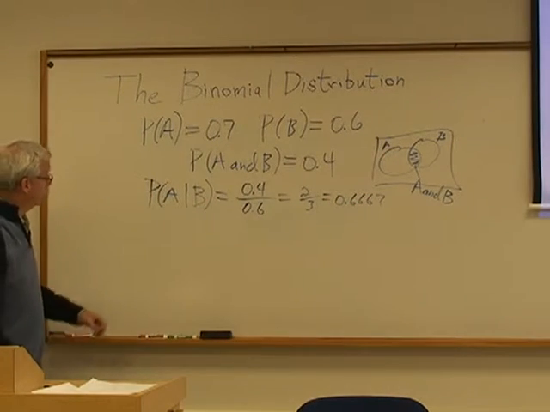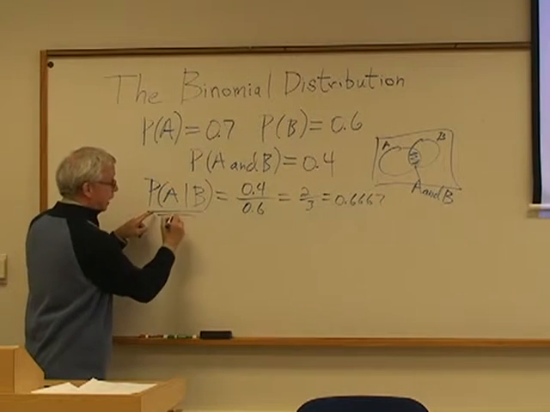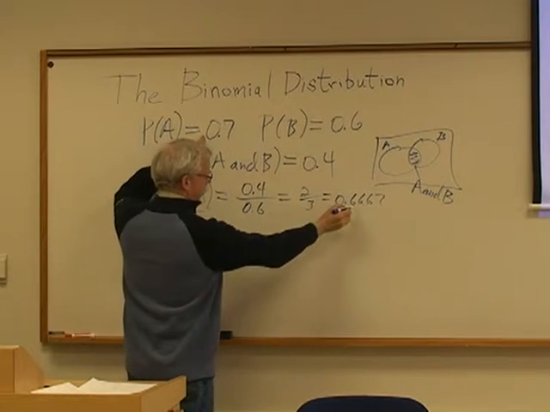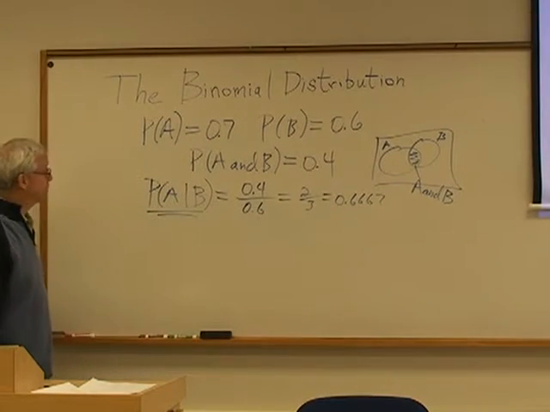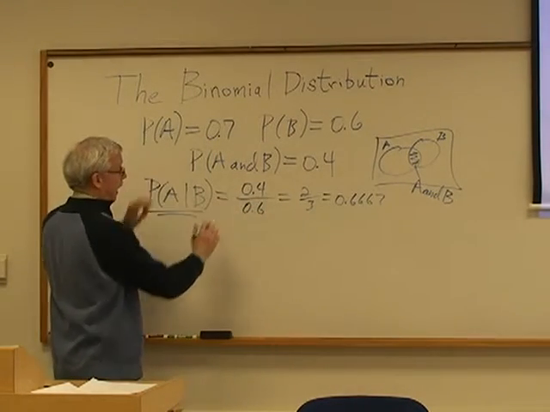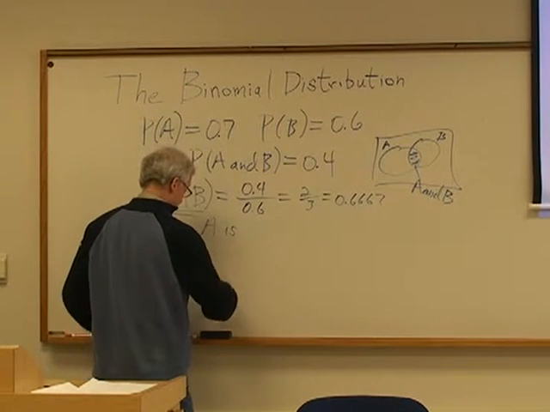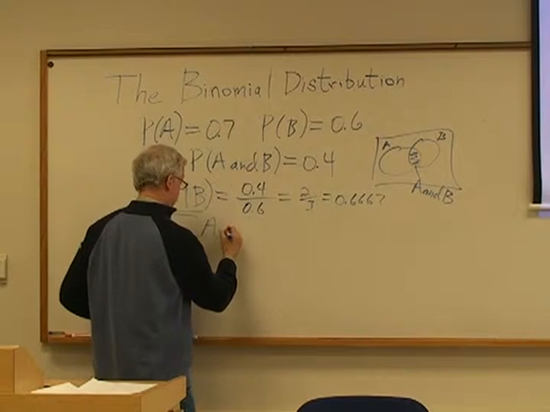Now notice in this case, the probability of A given B is different from the probability of A. 0.7 and 0.667 are different numbers, so in this case A and B are not independent.